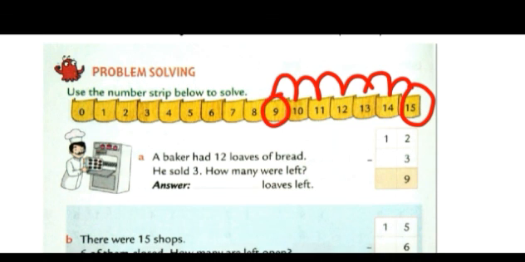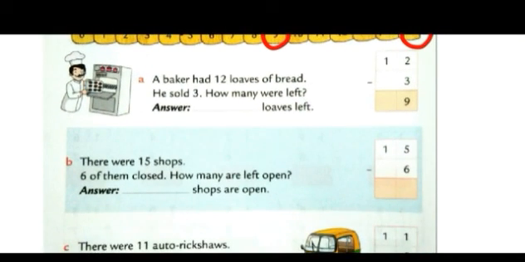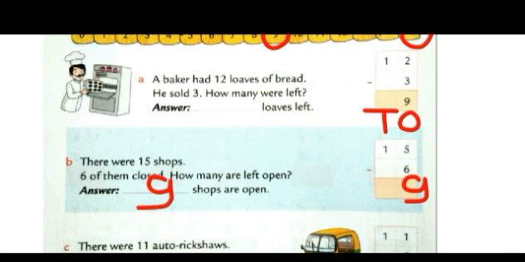So we got 9. That means how many are left open? 9 shops are left open, and 9 is a single digit number, so we will write it under the ones column. Okay, that means 9 shops are open.